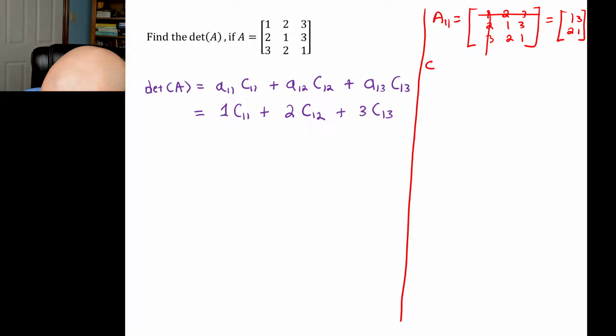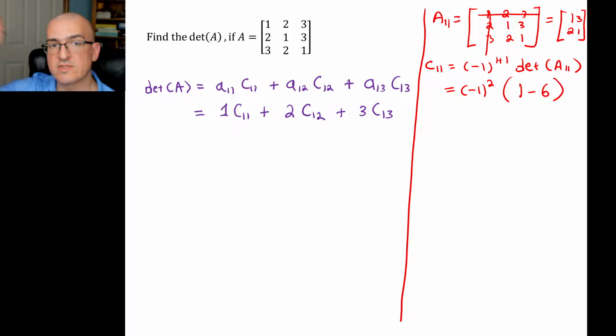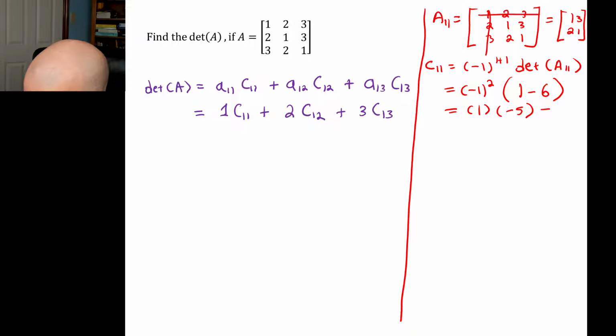So C11 is negative 1 to the power of 1 plus 1 times the determinant of A11. So negative 1 squared times 1 minus 6. We do the down product minus the up product: 1 times 1 minus 2 times 3. We get positive 1 times negative 5, which is negative 5. So that'll go here for C11.